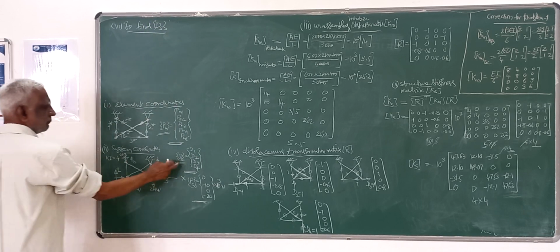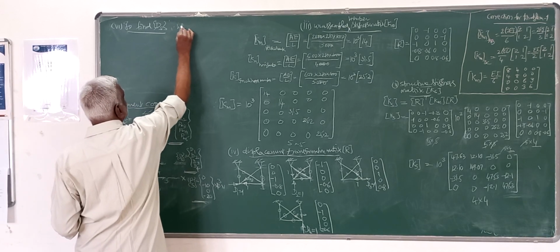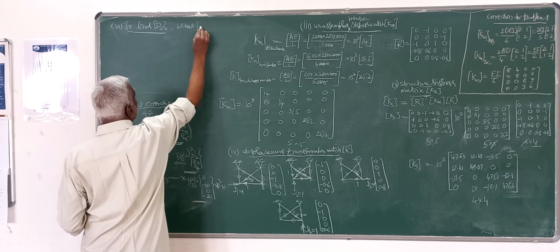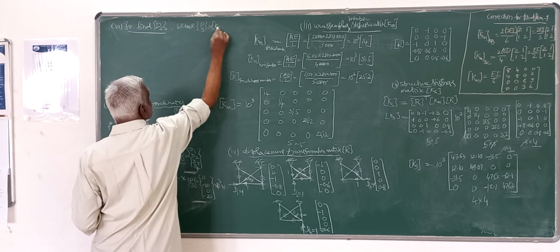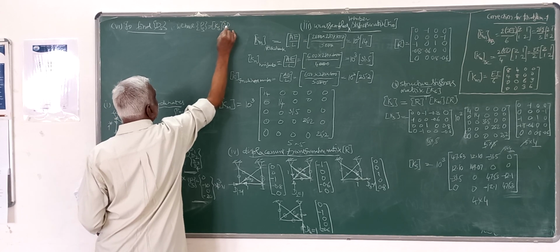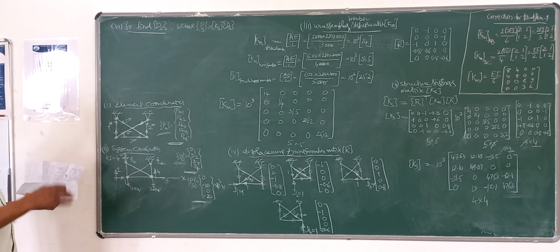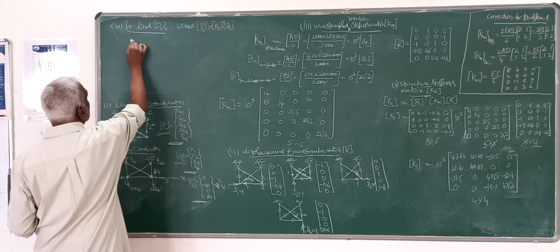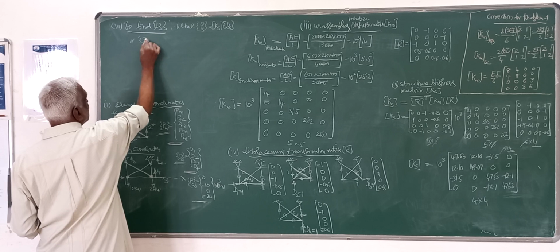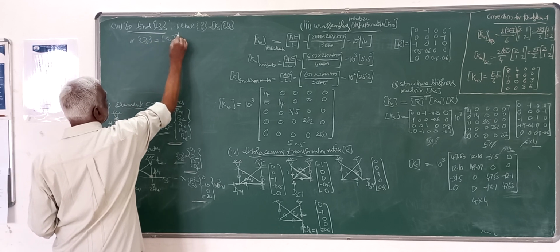Use the force displacement relationship. P is proportional to D, that is P is equal to KD, the stiffness matrix. I have generated all those things here. So DS is nothing but KS inverse PS.